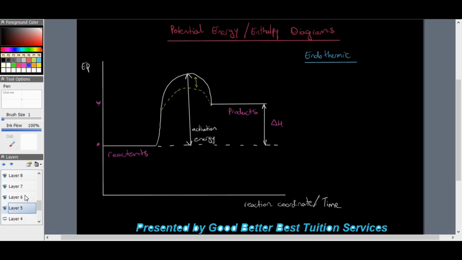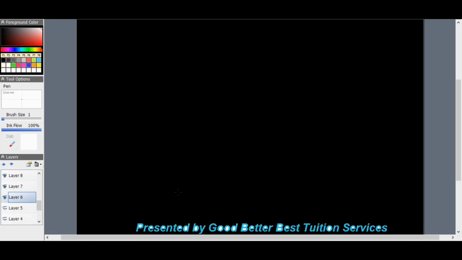Before I put the graph back up again, to conclude with regards to exothermic and endothermic, just using the prefixes exo and endo, they both have thermic in there anyway. Enthalpy change equals the product energy minus the reactant energy.